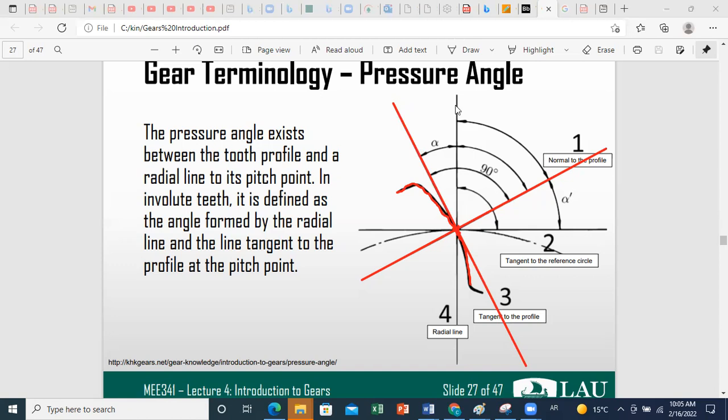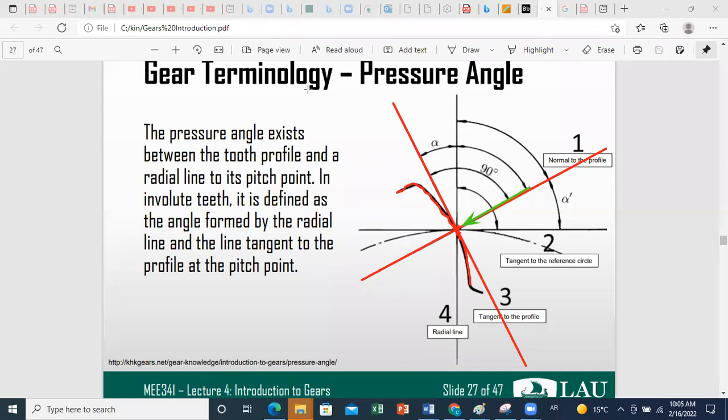So this is your force. Your force will be transmitted between your gears along this line. So you have a force normal to contact, perpendicular to the tangent between the two involutes that will be in contact with each other.